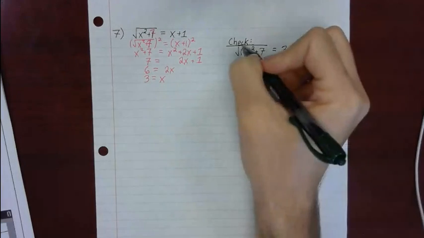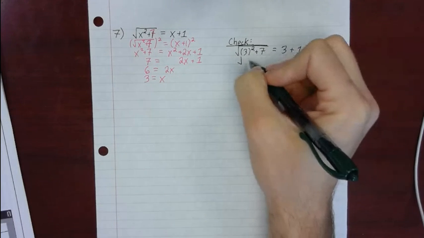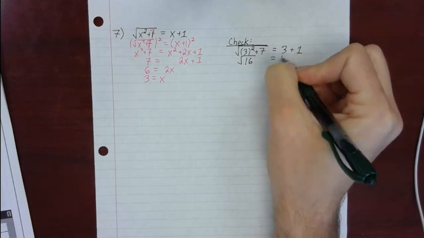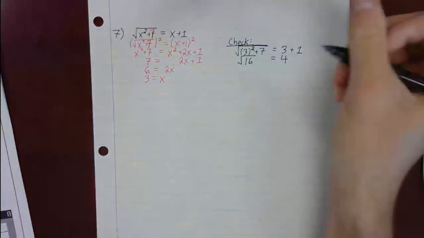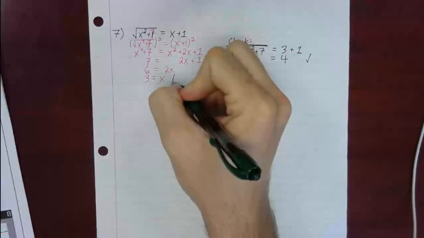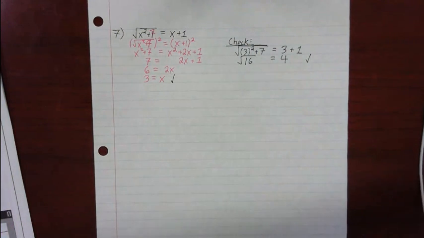That means that we have the square root of 9 plus 7 equals 16. And then we have a 4 on the right side. And yes, it does work. And we found out that 3 equals x is a true solution and not extraneous.